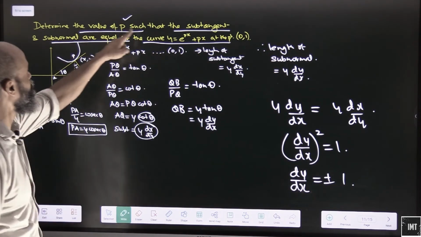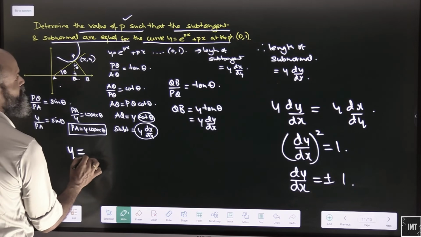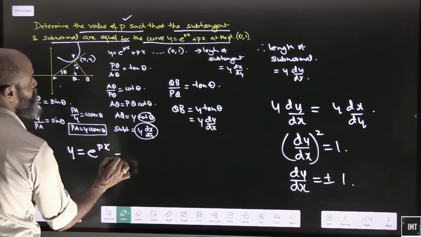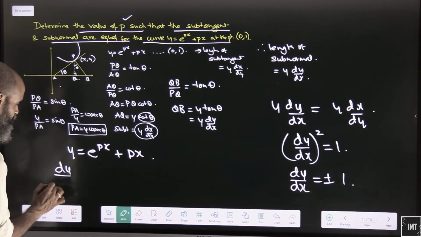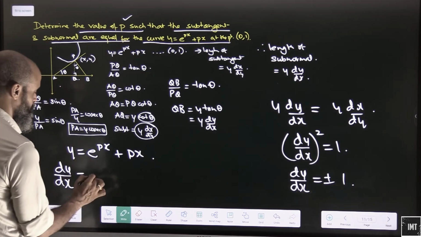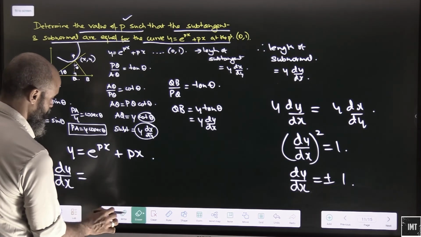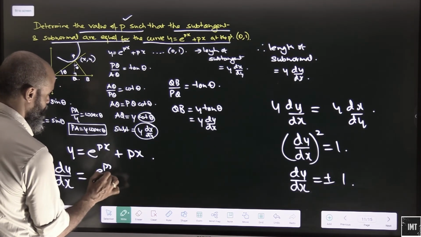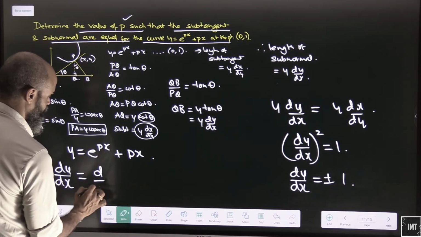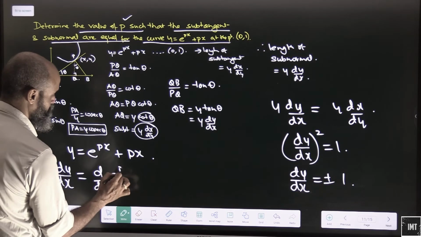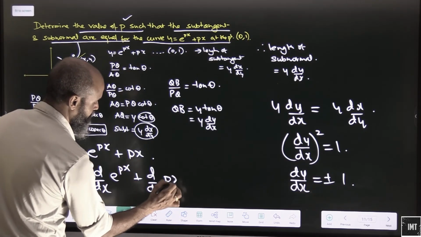Determine the value of p. Now for dy by dx, here we have y is equal to e raised to px plus px. So let's differentiate it the proper way. d by dx of e^(px) plus d by dx of px.